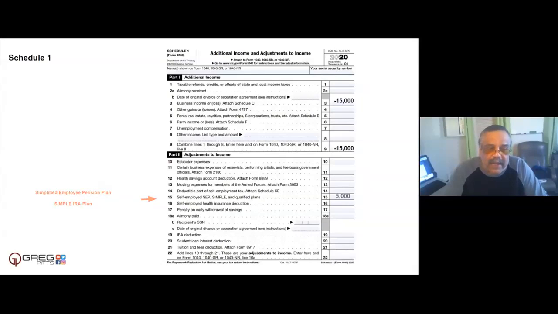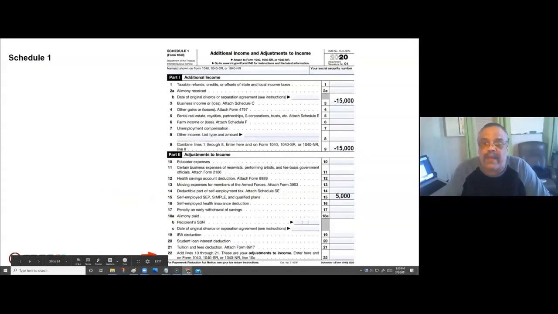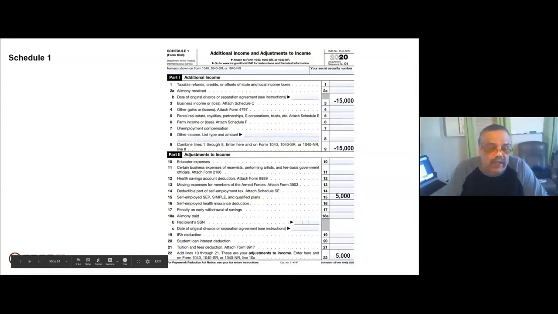You're going to take that $5,000 and put that into that IRA or retirement plan, and then you're going to bring it down to line 22. It says these are your adjustments to your income. So on line 22, you're going to have $5,000 there too.